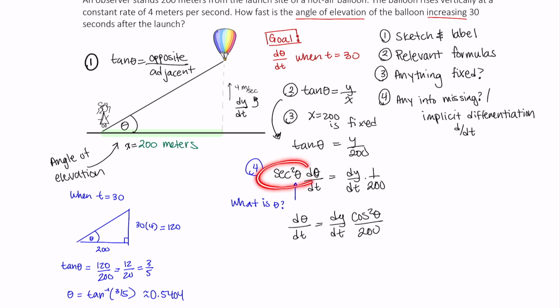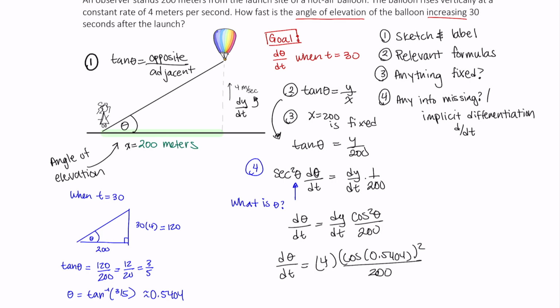Remember, secant is just 1 over cosine, in this case cosine squared. So all I've really done is multiply cosine squared to both sides to eliminate secant here. d theta over dt is equal to 4 times cosine of 0.5404 squared divided by 200.